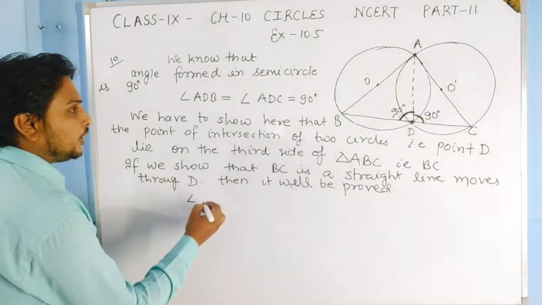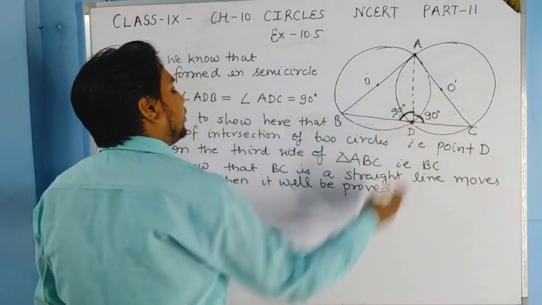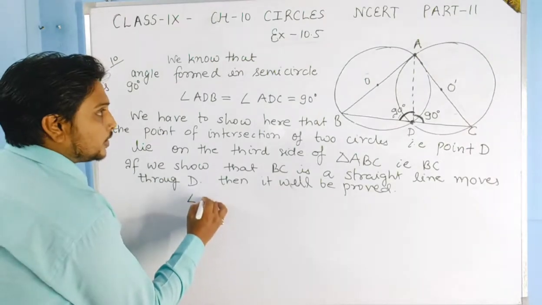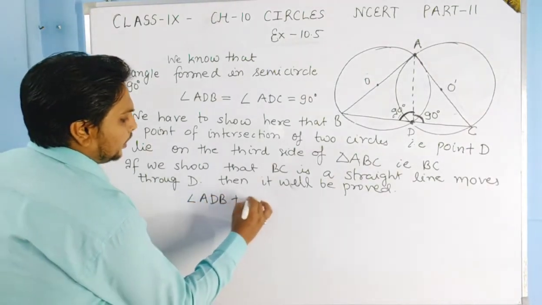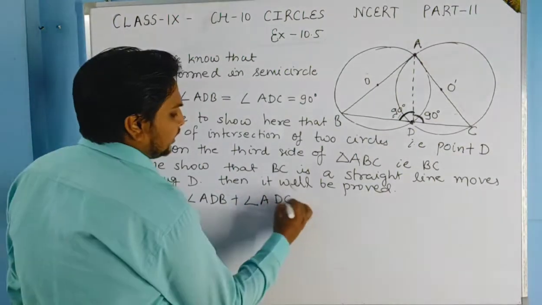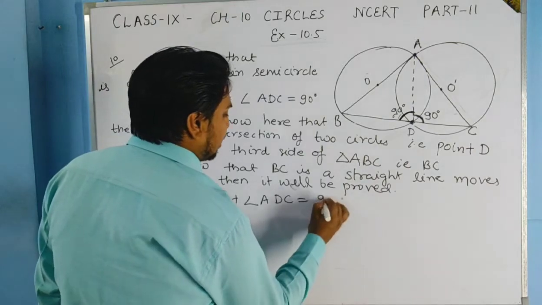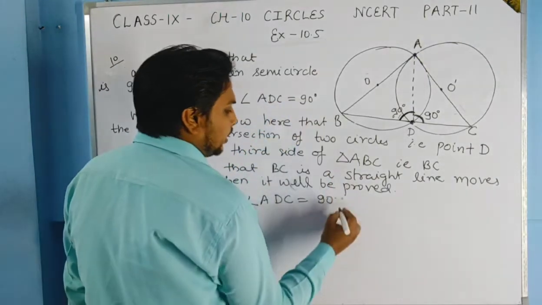So what we have to do is show that at point D it is forming angle 180 degree. Okay, so here what you will do students, you will show that the sum of ADB plus ADC is 180 degree. This angle is 90 degree, I have written here. This angle is also 90 degree.